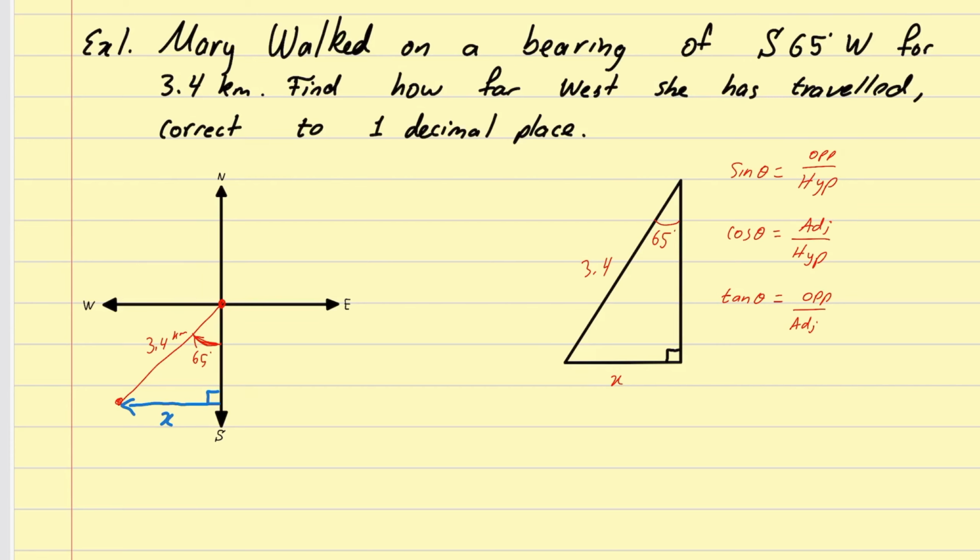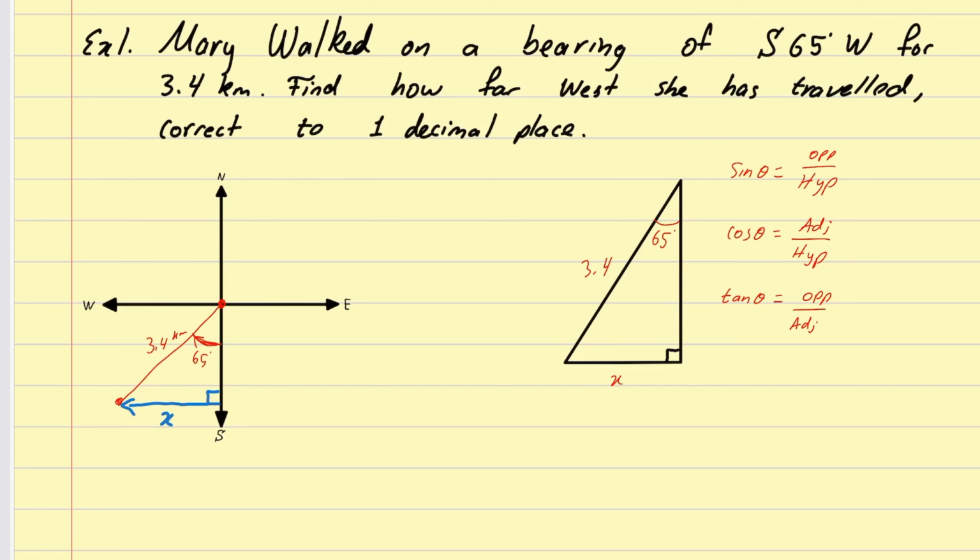Now, how do you know which one's which, like which one's opposite, which one's adjacent, and which one's hypotenuse? Well, let's start off with hypotenuse. Hypotenuse will always be the fixed one, which means that's always going to be opposite the right angle right there. So that would never change. But what will change is the opposite and the adjacent side. Now, how do we figure that out? Well, everything is in relation to the angle.